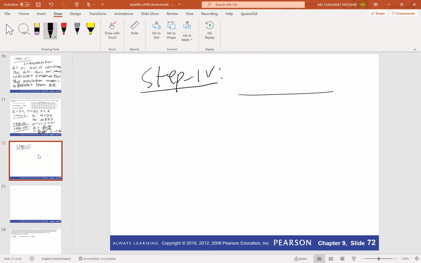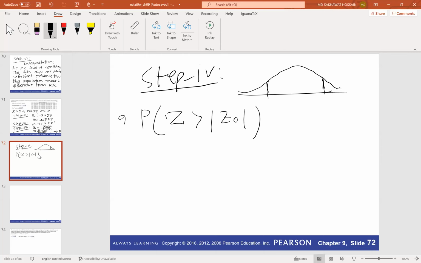Since this is a two-tailed test and the test statistic is negative 1.95, for a two-tailed test the p-value is the probability of Z greater than the absolute value of Z0, times 2. Why is this the p-value? Why 2 times this?